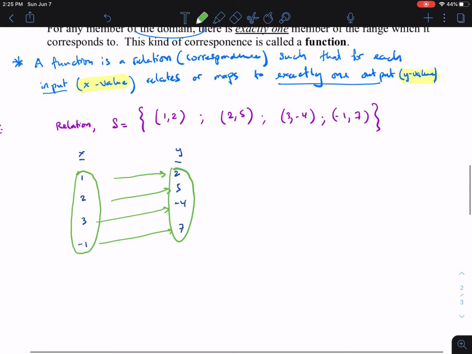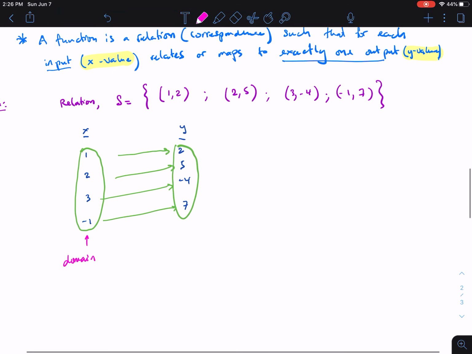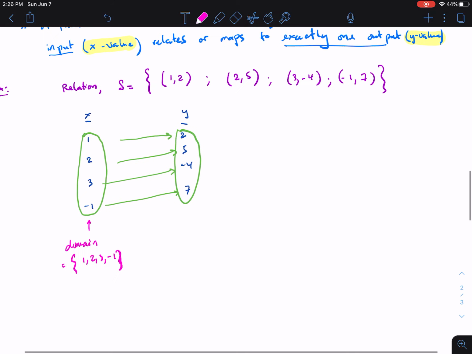This set of inputs is the domain: the collection of all the inputs, 1, 2, 3, -1. The outputs are called the range, the collection of all the outputs in that function.